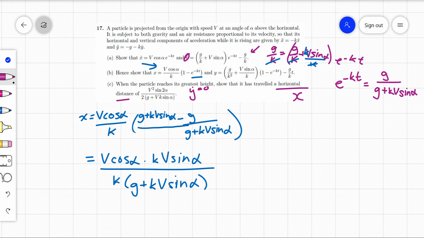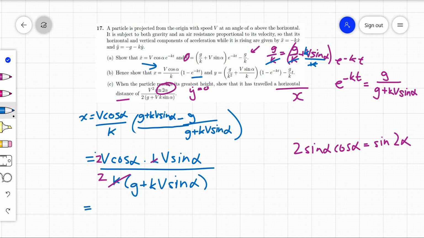Now you can see there that the k's will cancel, and I'll have v squared. Now remember, 2 sine alpha cos alpha is equal to sine of 2 alpha, and that's what they want. You can see they've got a sine 2 alpha there. So I need to put a 2 in here somewhere, so that means I need to put a 2 in the bottom as well, just to balance it up.